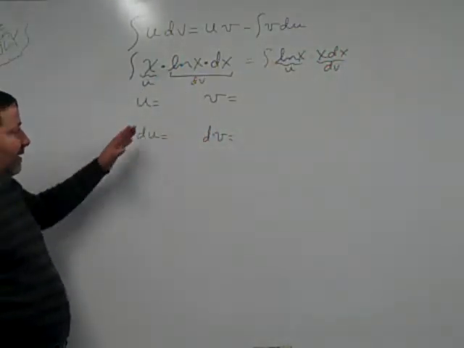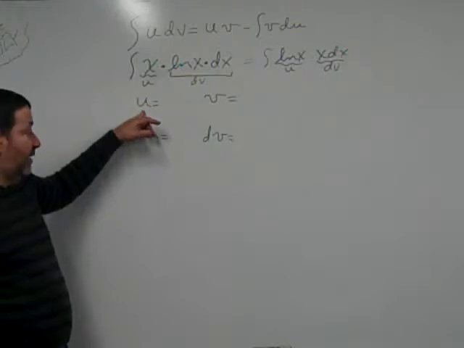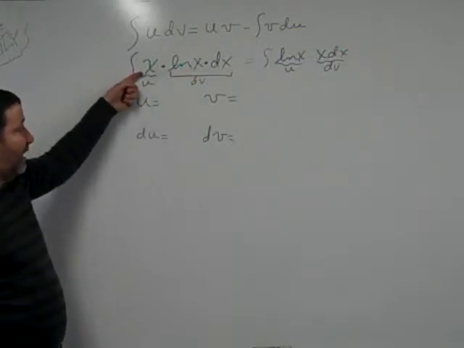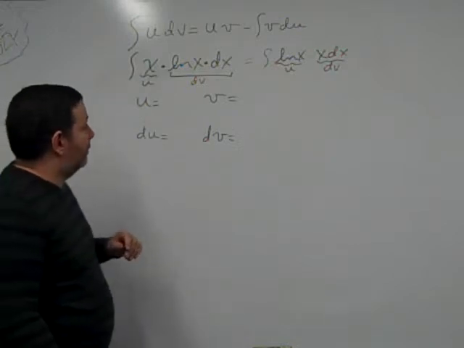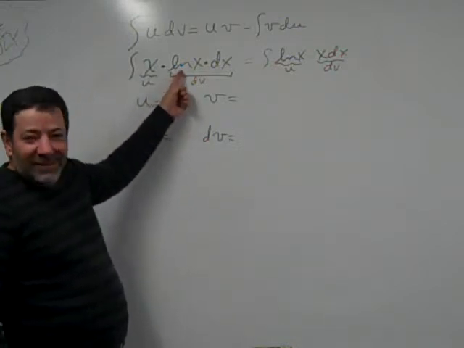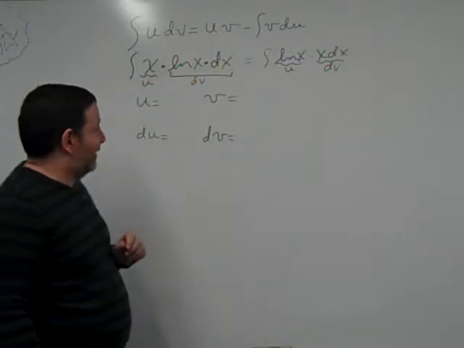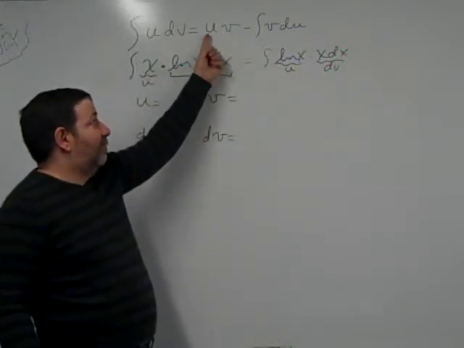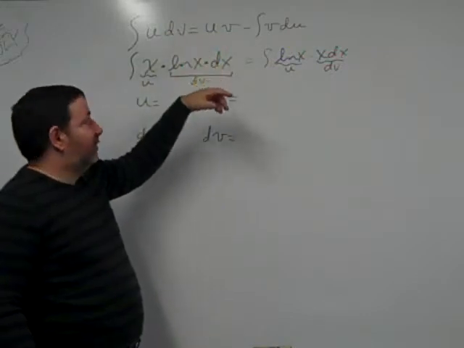Now remember, I need to be able to differentiate u, or find a differential of u. I can differentiate x, which is good, but I really can't integrate ln of x dx to find v. Because I need v to multiply it by u.